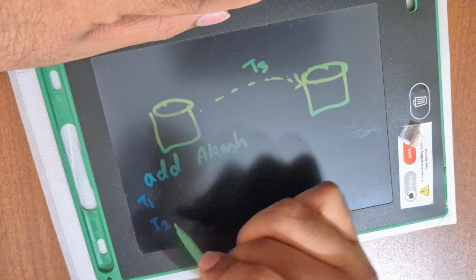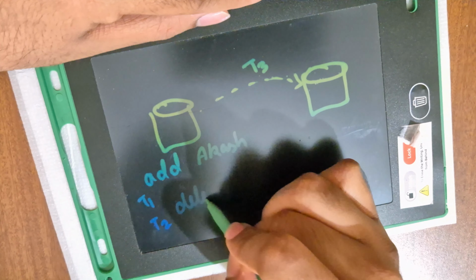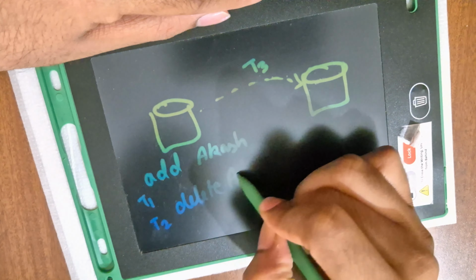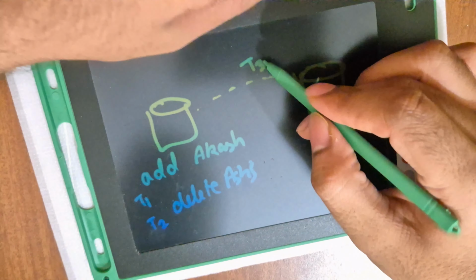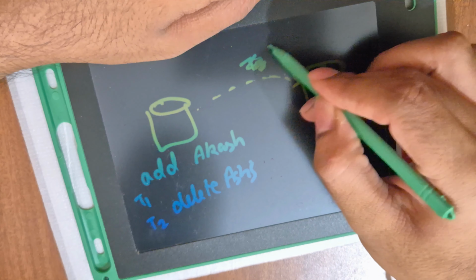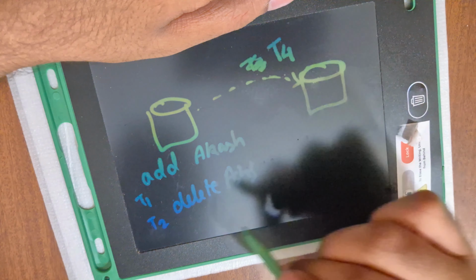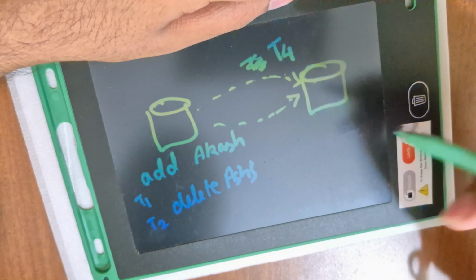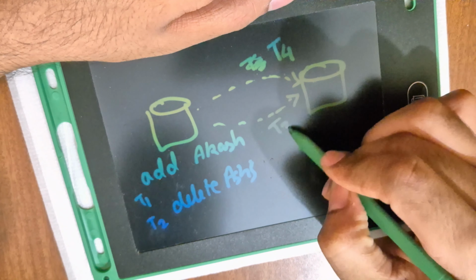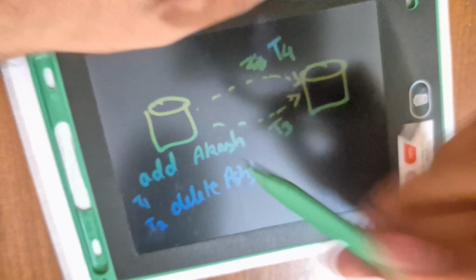But at time t2 I say delete Akash, and this delete Akash operation got replicated at time t3.